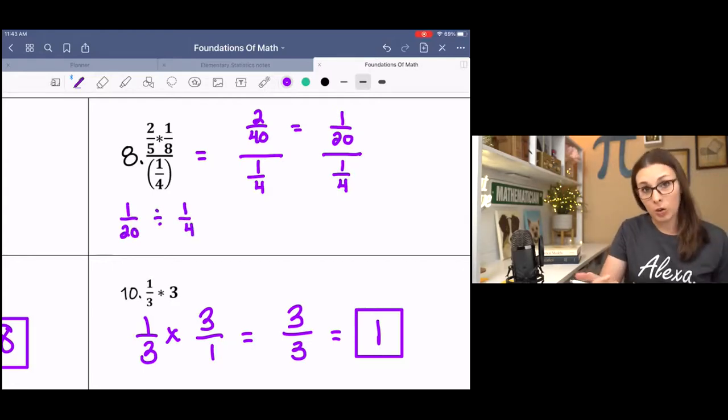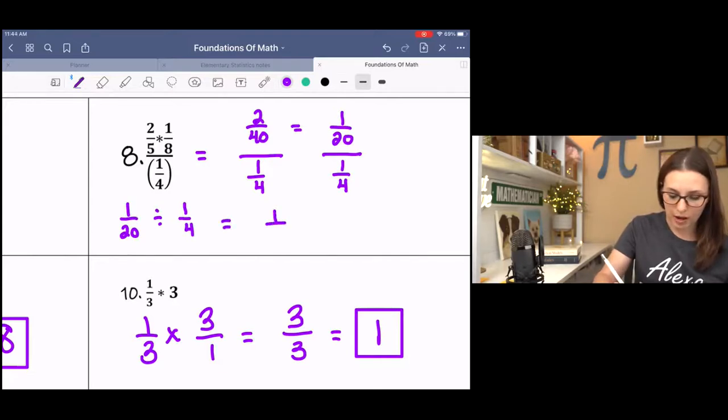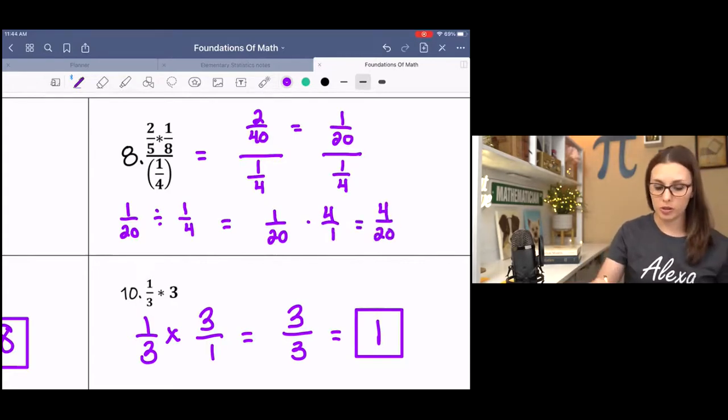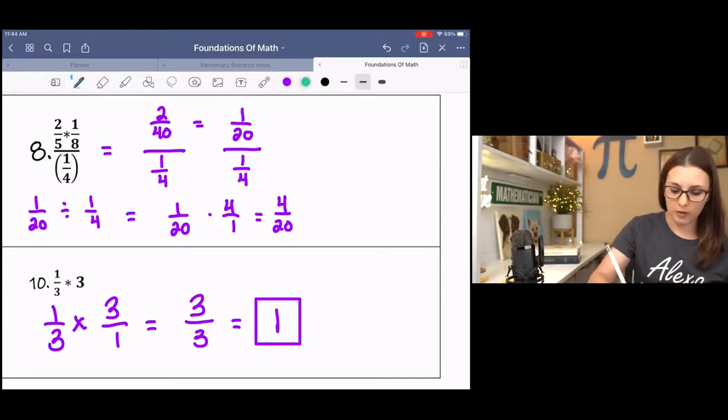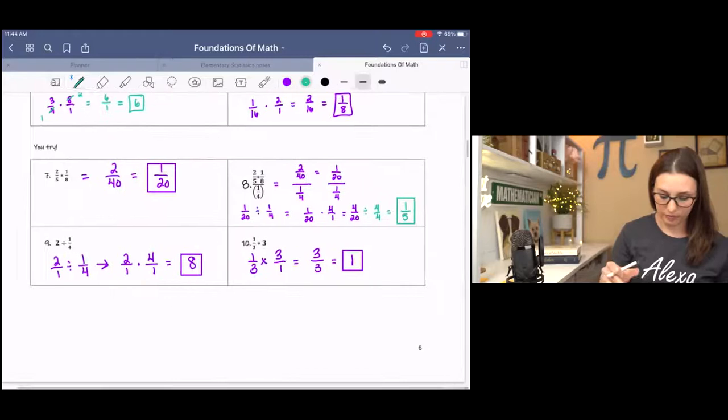And then we know when we divide fractions, we actually flip the second and multiply, and then reduce. You can divide by 2 and then 2 again, or you can divide by 4 and we get 1/5.